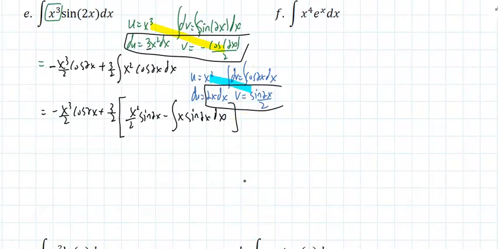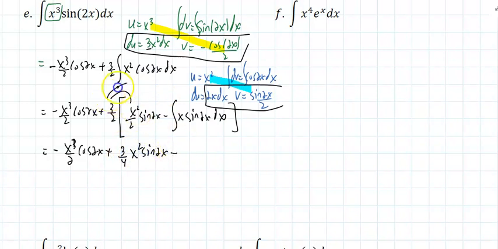and do this one more time, so far I have negative x cubed over 2 cosine of 2x plus 3 over 4 x squared the sine of 2x minus 3 halves the integral of x the sine of 2x dx.